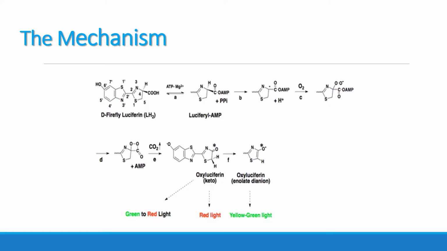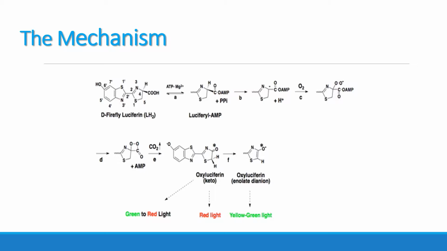The chemiluminescence reaction in fireflies is different than what we saw with luminol. With fireflies, the reaction can be described as the luciferin being oxidized to form an excited oxyluciferin state with the assistance of a luciferase enzyme. Pictured is the proposed mechanism for this reaction.